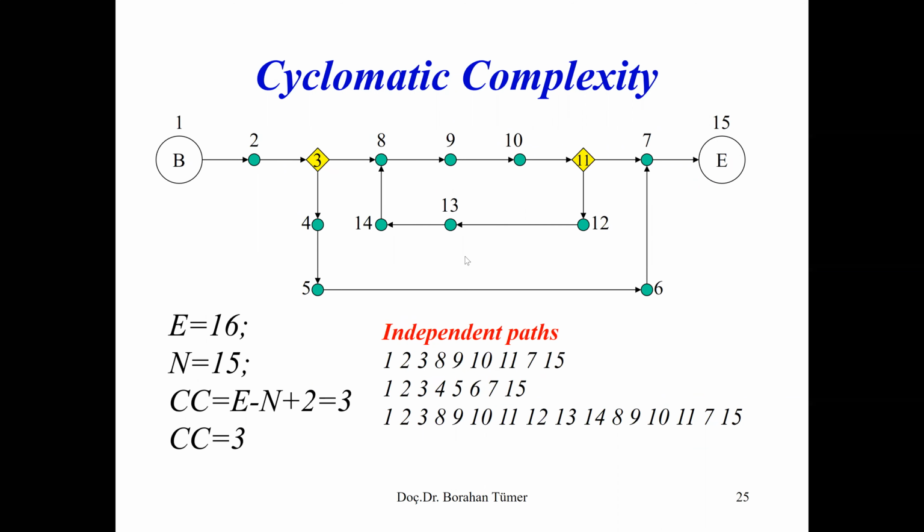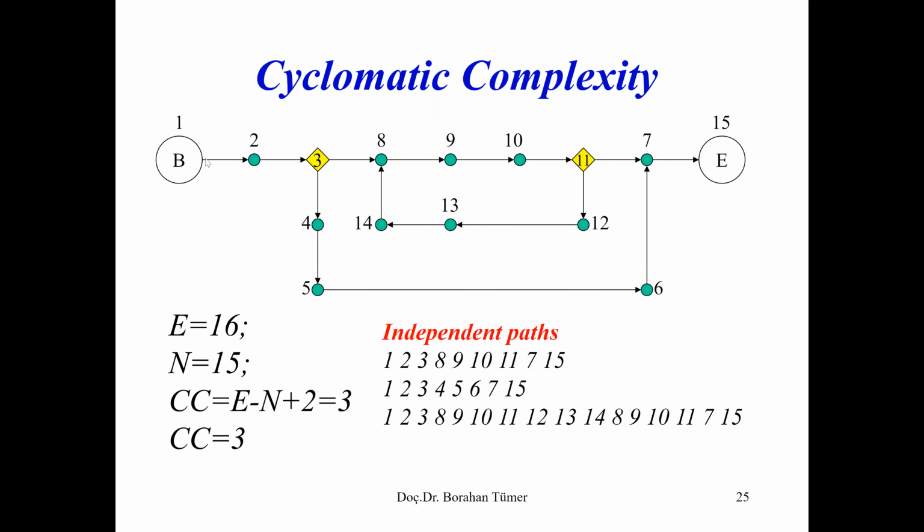Okay, let's look here at each specific independent path. So we express the independent paths using the number of nodes. As you have learned in data structures, a path is defined by the nodes, by the sequence of nodes on the path. So the independent paths here: the first one is 1, 2, 3, 8, 9, 10, 11, 7, and 15.